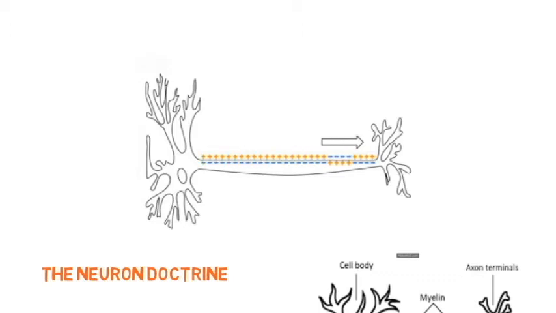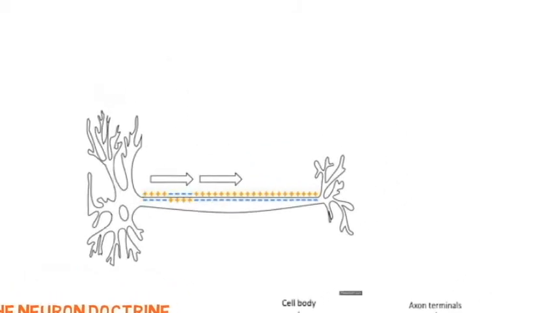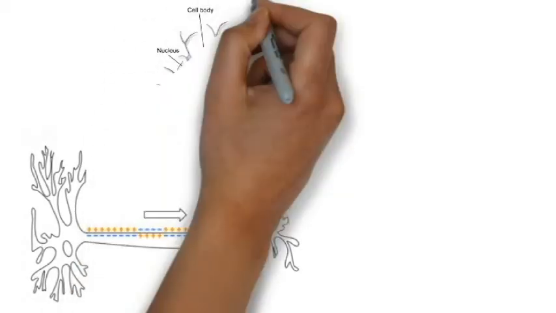Now, a great advance forward in our understanding of the cellular communication in the nervous system came with the discovery that axons generate electricity. And the electrical signal is generated at the axon hillock and is propagated in an all or none fashion, meaning that there is no decrement of the signal as it travels down the axon.